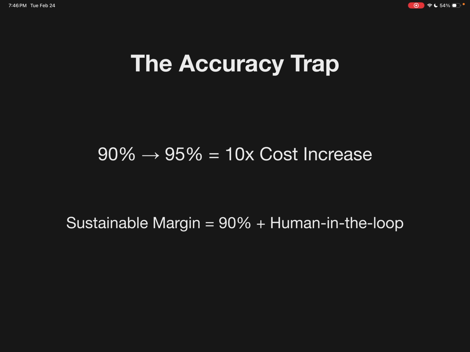If a 90% accurate system with the human in the loop fallback produces better unit economics than a 95% black box, you ship the 90% version every time. Perfect is not the goal. Sustainable margin is.